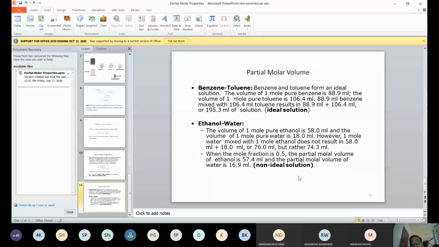This example shows that benzene and toluene are similar molecules. They behave as an ideal solution, so the volume will be almost additive. If I take 88, 89 ml, or 1 mole of benzene and 1 mole of toluene, the total volume will be the addition of the individual volumes.